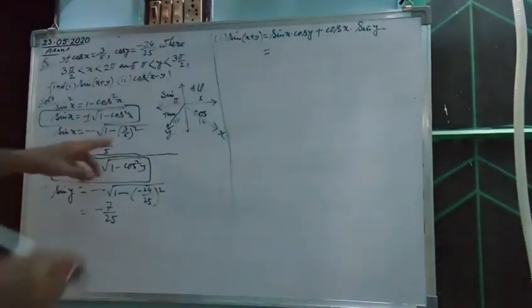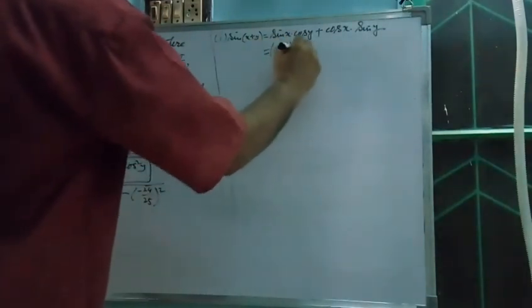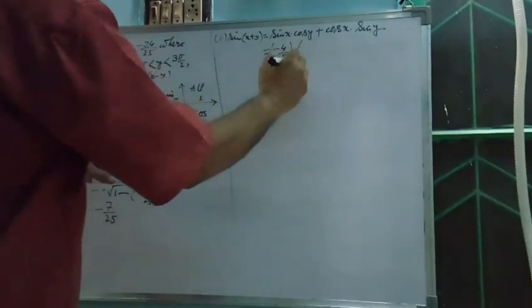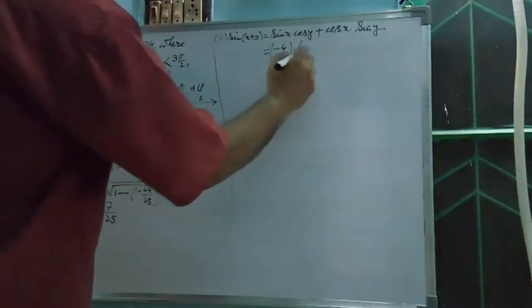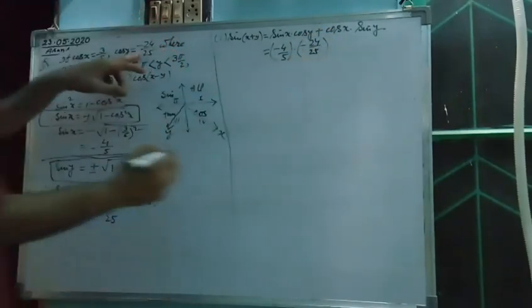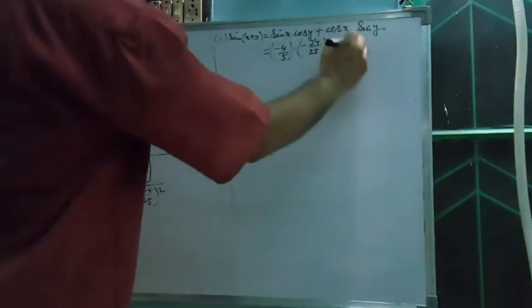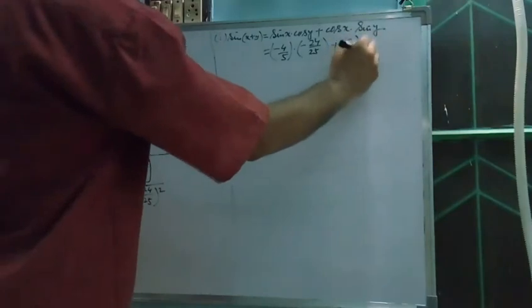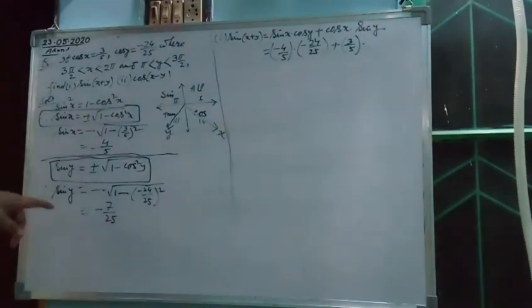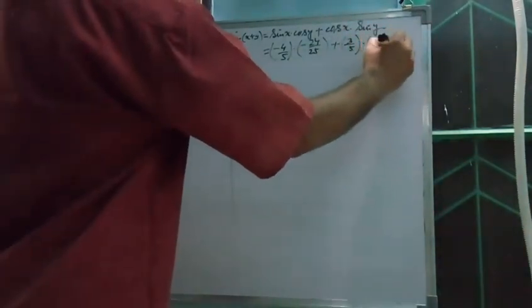Sin x is equal to minus 4 by 5, into cos y, which is minus 24 by 25, plus cos x, given 3 by 5, into sin y, which we just calculated as minus 7 over 25.